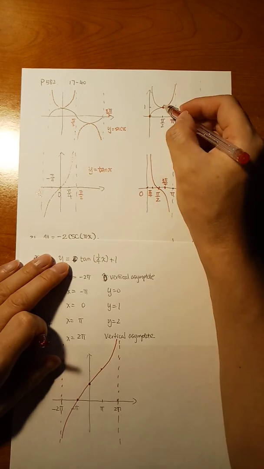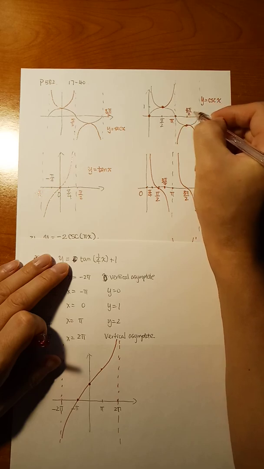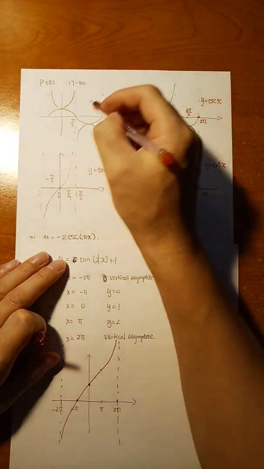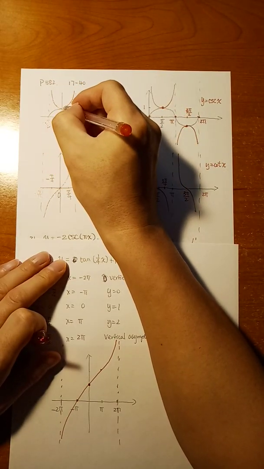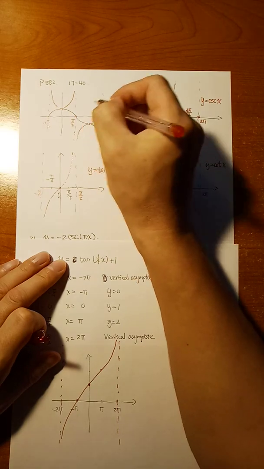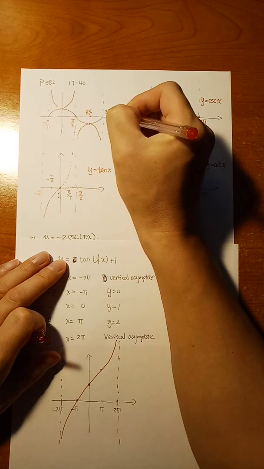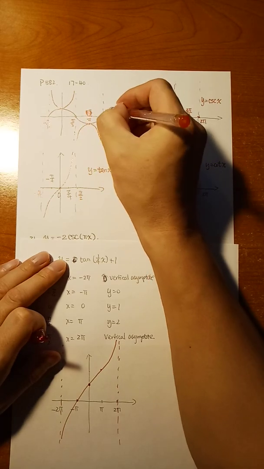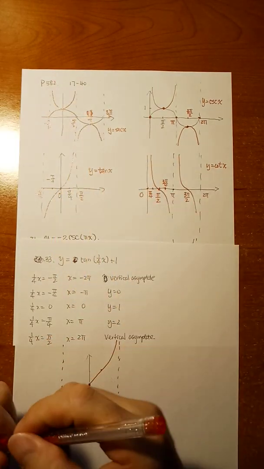Cosecant is 0, pi over 2, pi, 3 pi over 2, and 2 pi. Secant, you can put negative pi over 2, 0, pi over 2, pi, and 3 pi over 2. I always consider this a 3 pi, but this is pi, and here 3 pi over 2. Yes, now I'm right. So 5 special points.